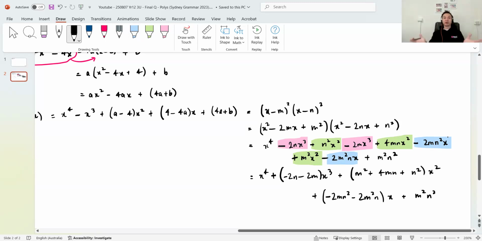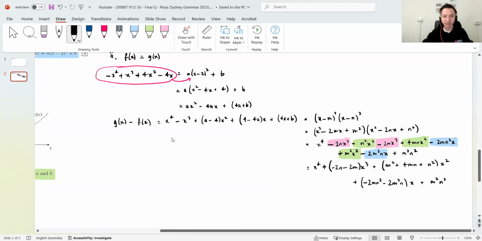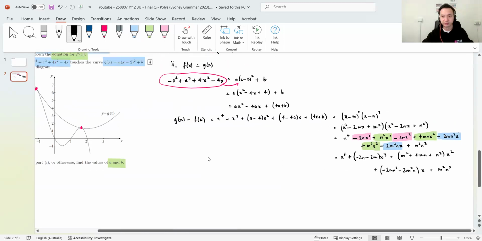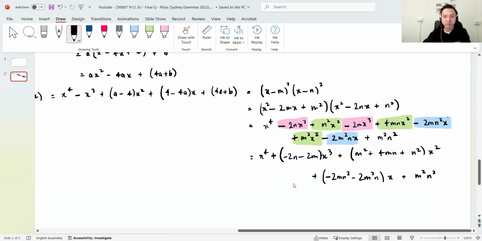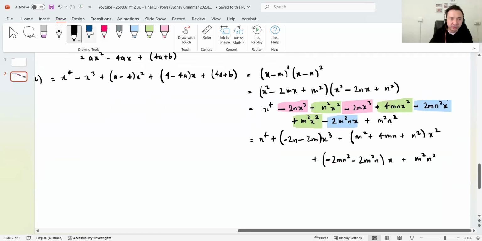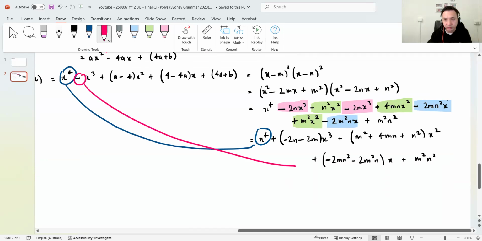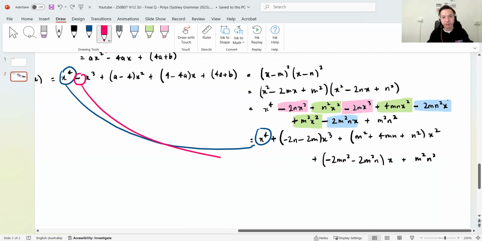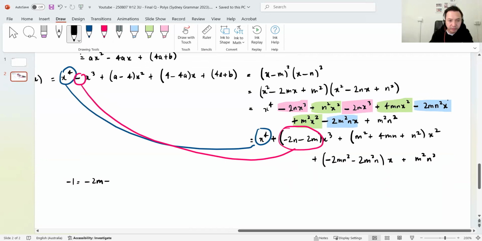Cool. Compare coefficients, it's probably the easiest way. Obviously, guys, using my colors: this compared to this, nothing to see there. Now there's a negative there, minus 1 compared to this, so minus 1 equals minus 2n minus 2m.